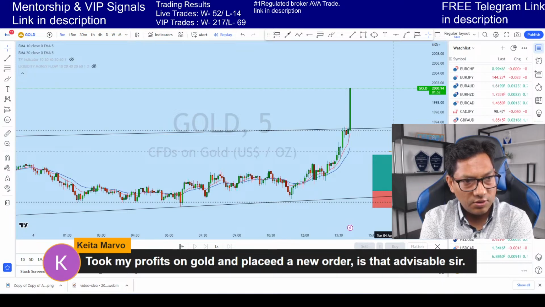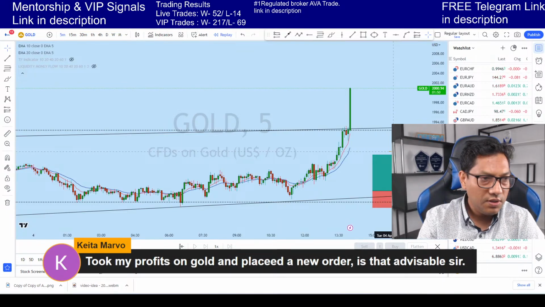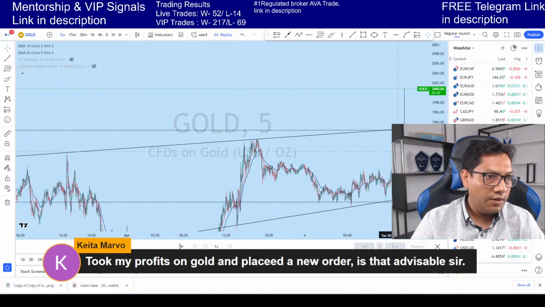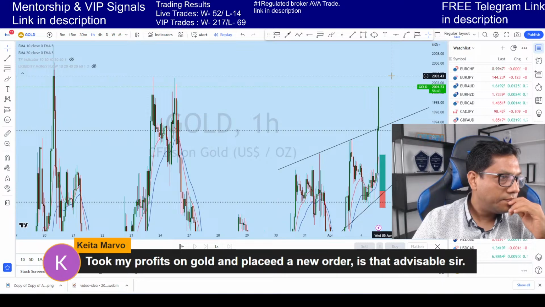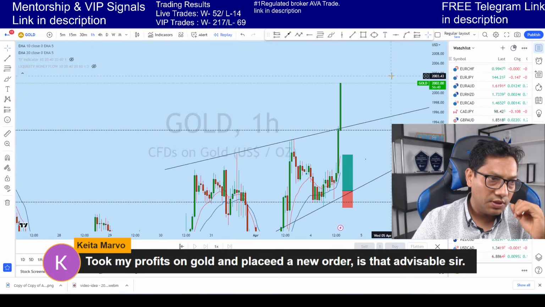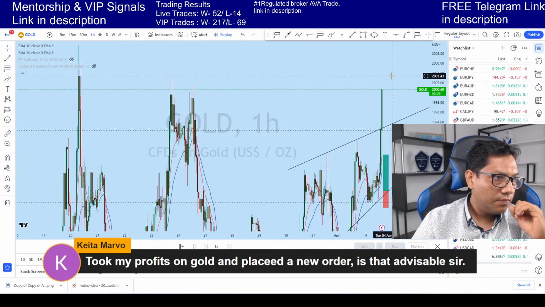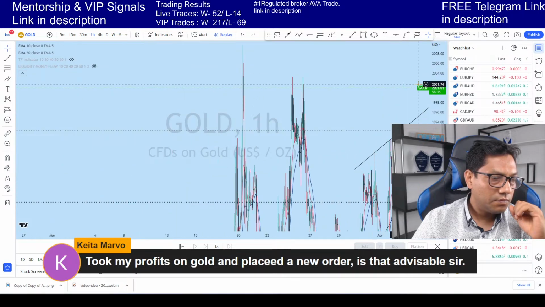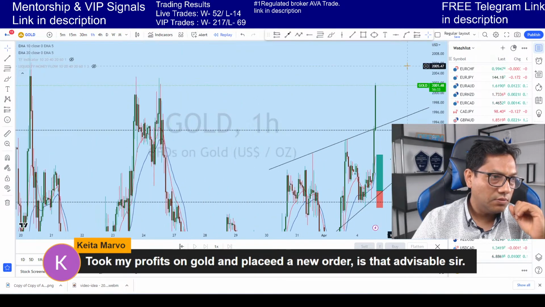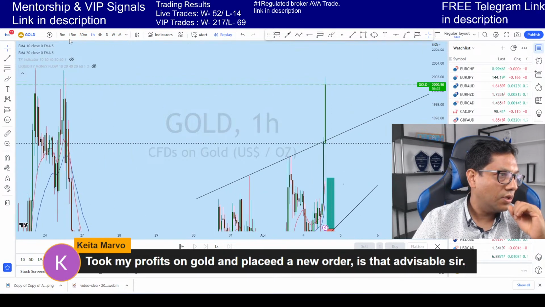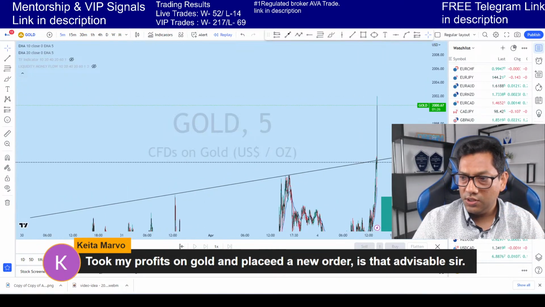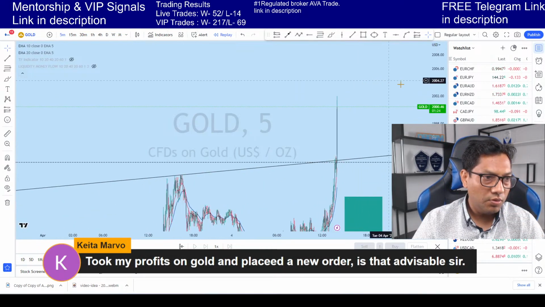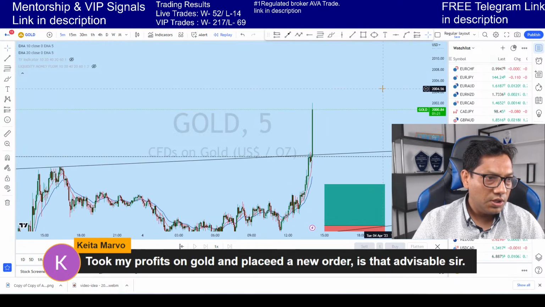The 2000 level has just been crossed on gold, and there's a significant move. This is on a resistance, and I don't recommend to sell. I know that some of you might be thinking to sell when the market moves with this kind of speed. It's always better to wait and see. Anyone on a gold trade currently?